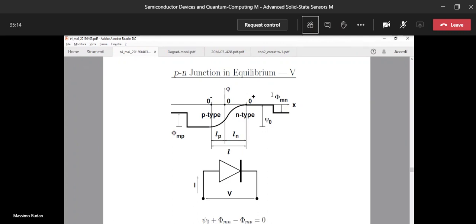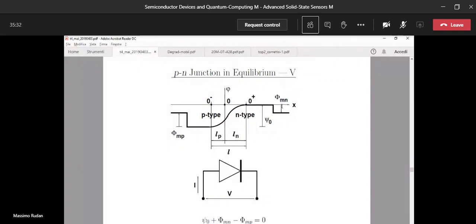So phi stands for the electric potential. Mn stands for metal n-type semiconductor. So M is for metal, N is for the n-type semiconductor.